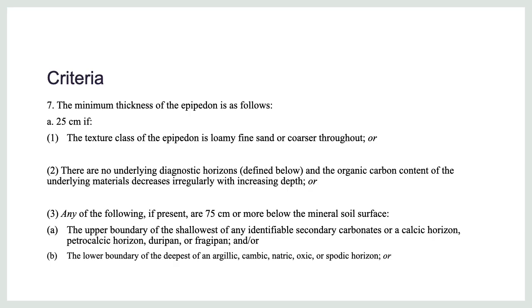The other option is that any of the following, if present, are 75 centimeters or below the soil surface, according to the presence of secondary carbonates or a calcic horizon. Sometimes it's hard, but sometimes you can see this umbric horizon related to this kind of materials when the topsoil suffered an intense leaching and wetting.